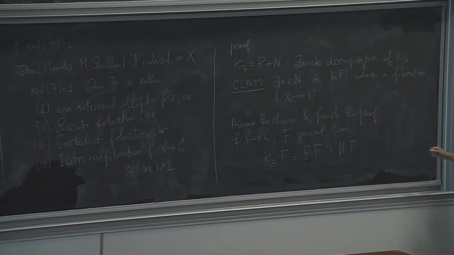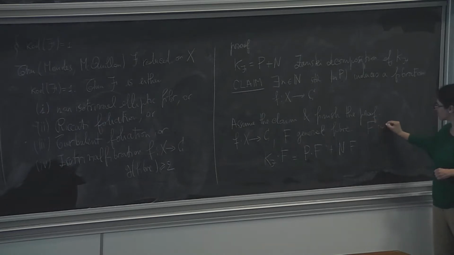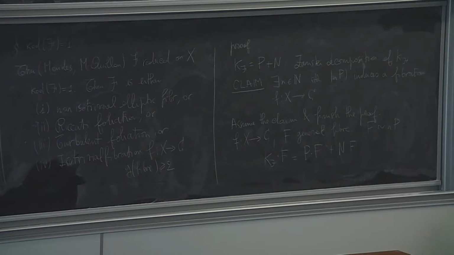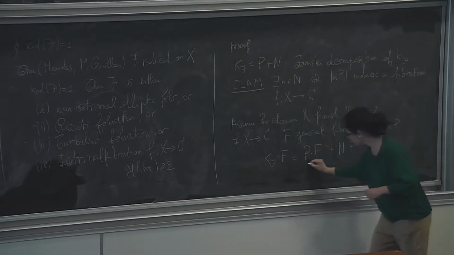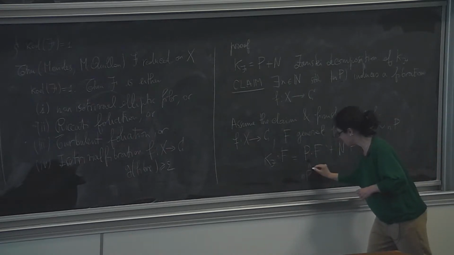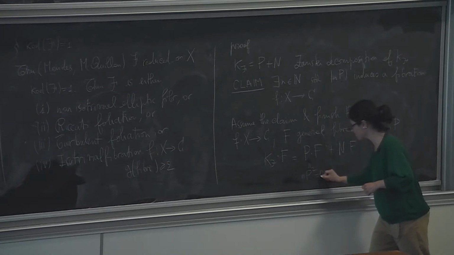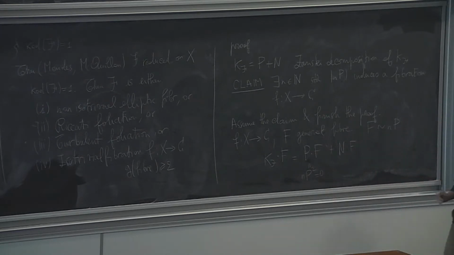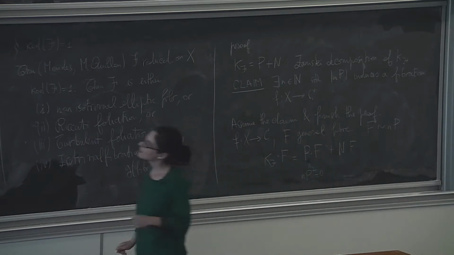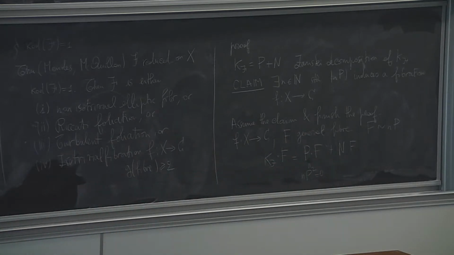Let's not forget that the general fiber is linearly equivalent to a multiple of P. So this is n P squared, and this is 0 because I told you that Kodaira dimension 1 was equivalent to P squared 0 and some other conditions.